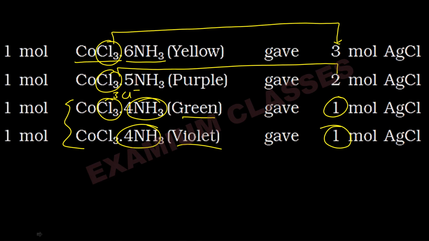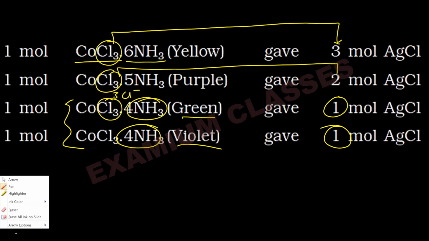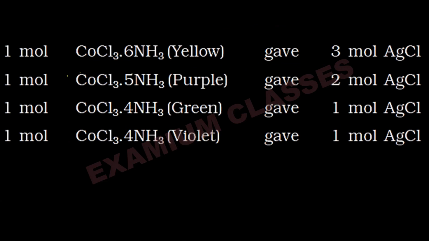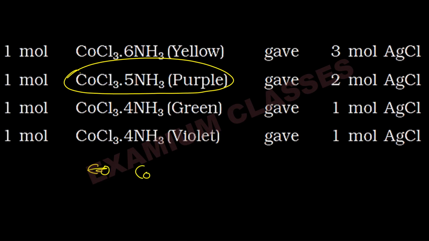How did he explain it? He said that in this case, it is actually Co, then Cl, and then all 5 NH3 attached to cobalt, and only 2 chlorines are outside.